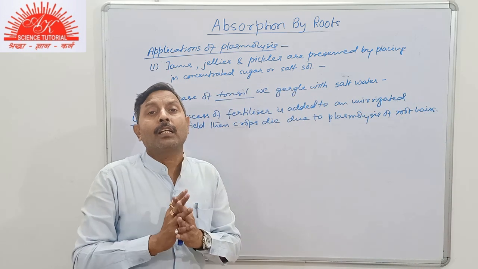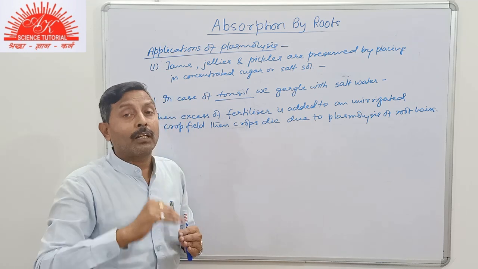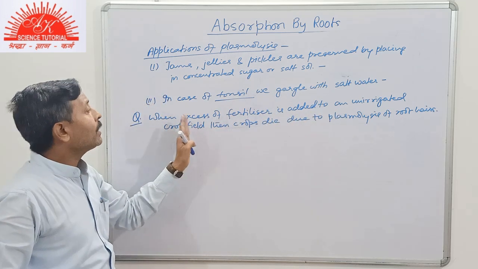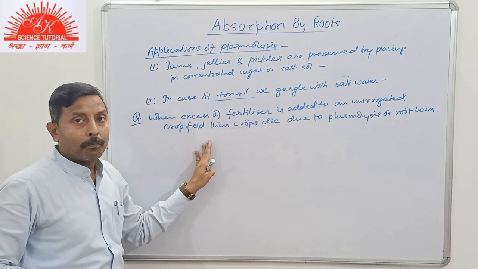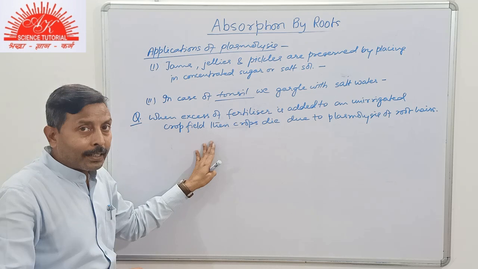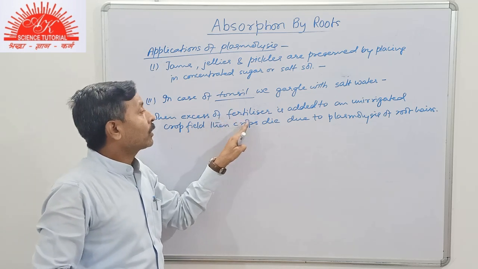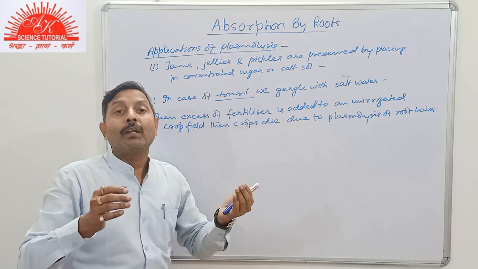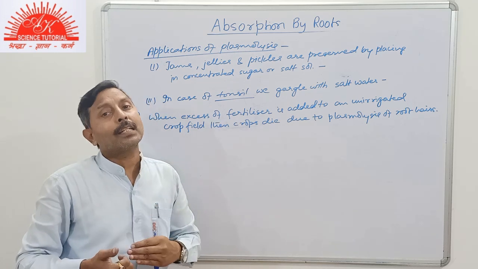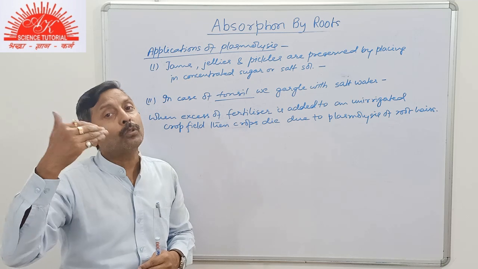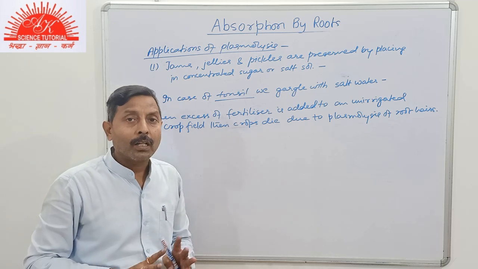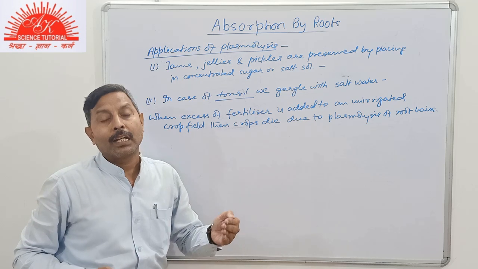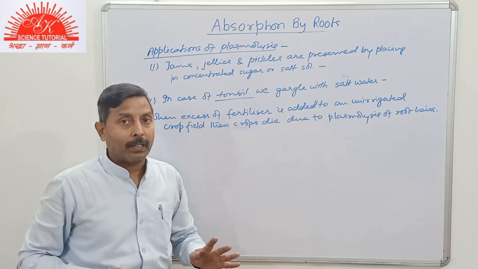Now, if this condition continues for a longer period, then the cells will gradually die and the crop is damaged. But if it is watered again, then endosmosis will start and these fertilizer molecules will be used by the plant as nutrients, and then it will help the plant to grow. Clear, student? So we should not add excess of fertilizer or pesticides in an unirrigated crop field.